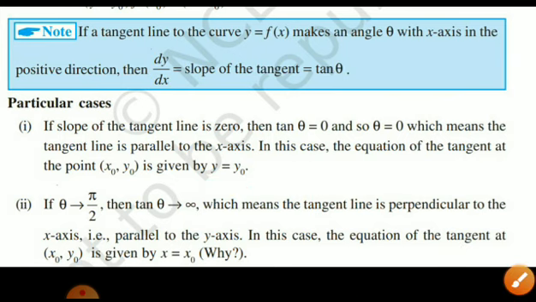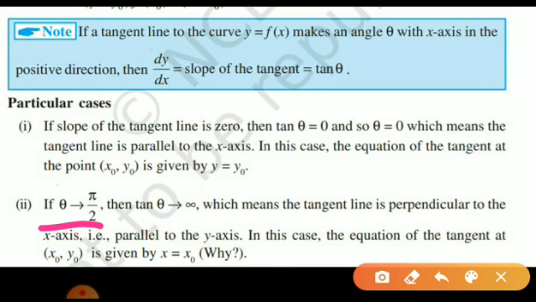Next one. Now suppose theta tends to pi by 2. That means the angle made by the tangent line is approximately 90 degrees, and in that case tan theta will tend to infinity.